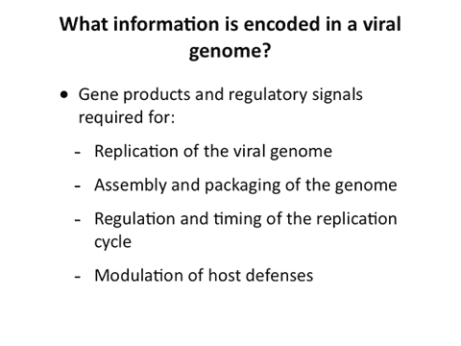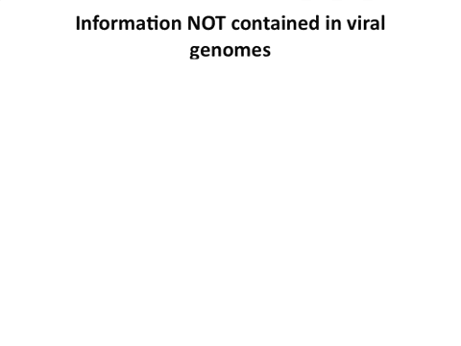And to modulate host defenses, when we talk about how viruses cause disease, you'll see there's a huge offense-defense movement. A virus does something, the host counters, and then the virus counters back, so there are a number of gene products involved there. And then there are gene products that the viruses need to spread to other cells and hosts.